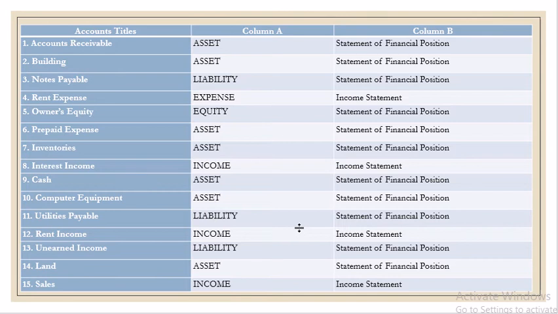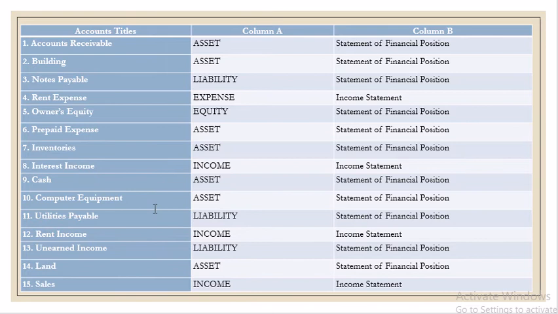So kung tandaan natin yung mga elements ng account ay assets, liabilities, expenses, equity, and income. Okay. So owner's equity, equity siya, statement of financial position, prepaid expenses, so assets, and so on and so forth until sa sales, which is income, and then sa income statement siya.